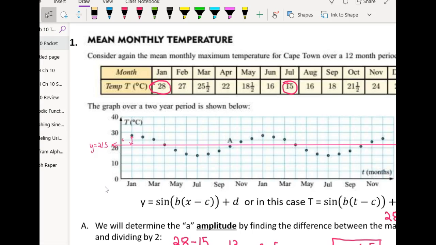That should be about 6.5. That's what we got for our amplitude. So we've got the amplitude done, and we've got the vertical shift done.